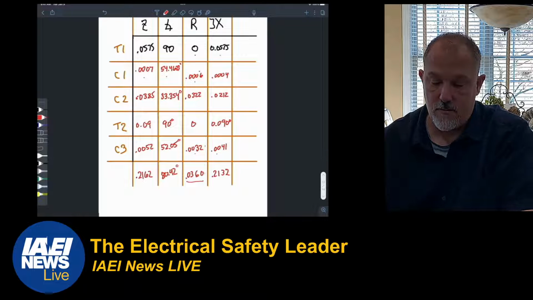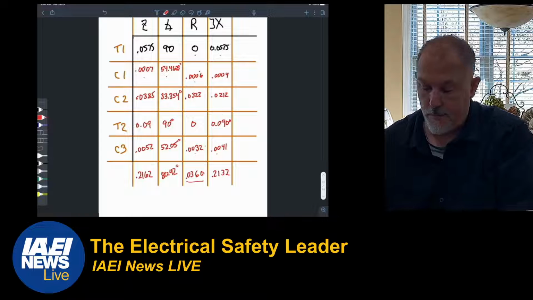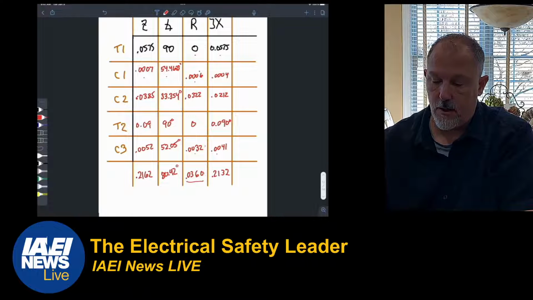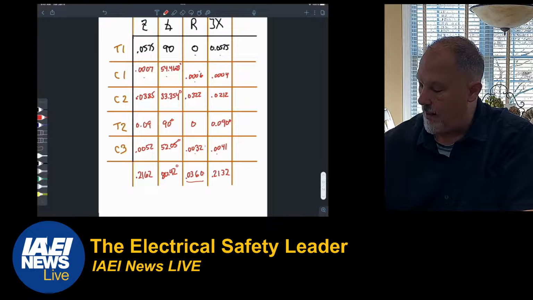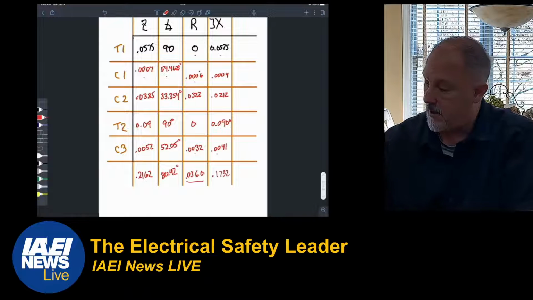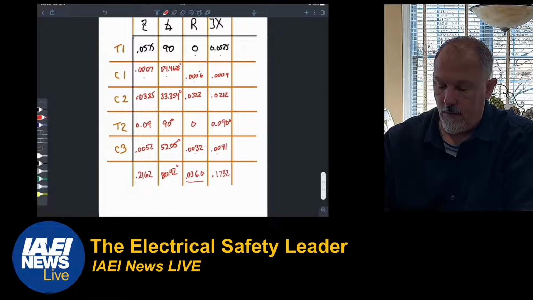That's that transformer, remember? 0.0575, 0.0004, 0.0212, 0.09, 0.0041. And that should be 0.1732. I got 0.1732. Check me. Let's do the adding again.